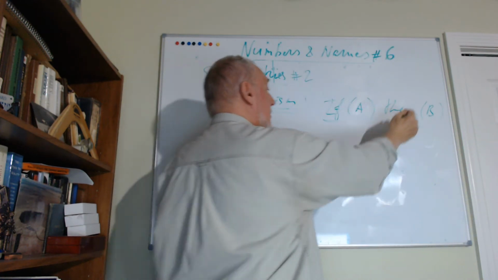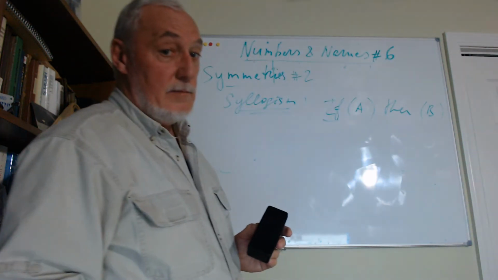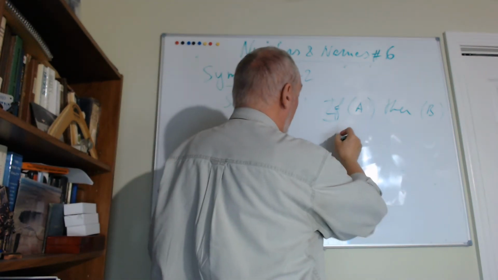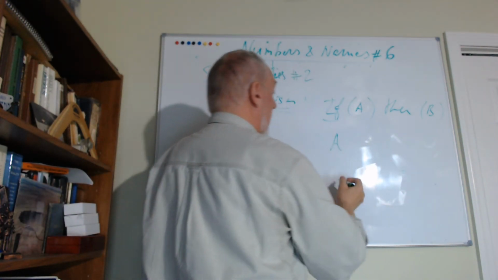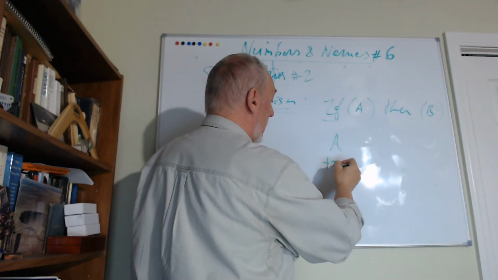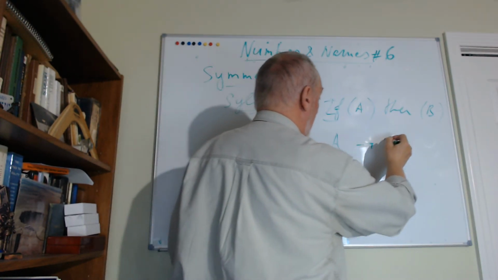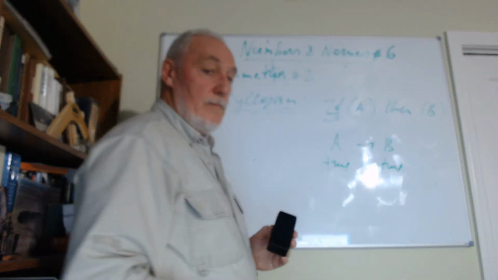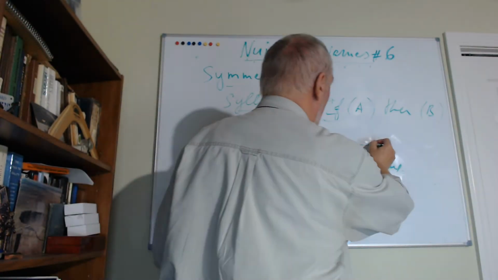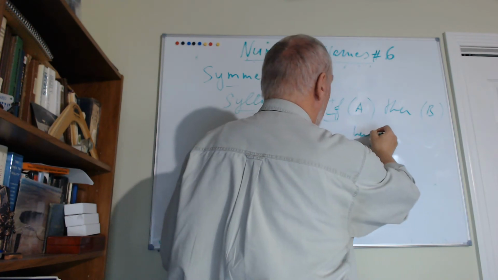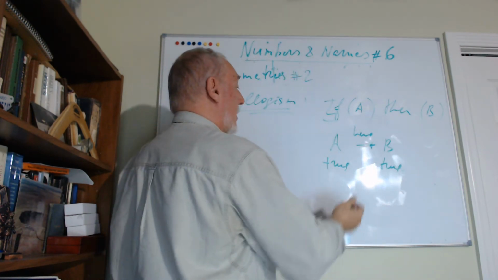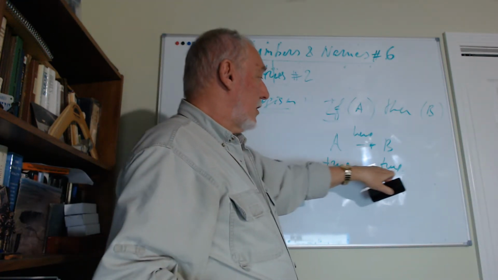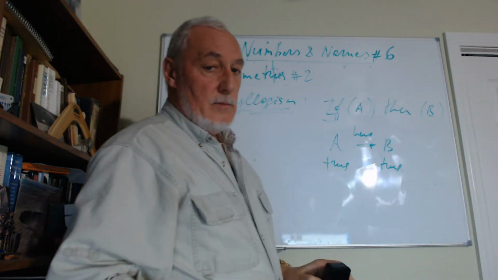If A happens, B happens. Or usually it says: if A is true, then B is true. This is called a syllogism.